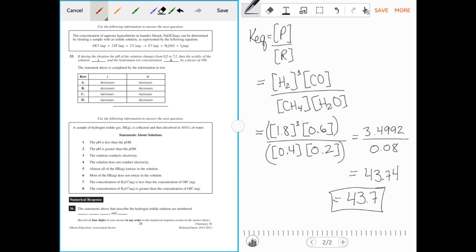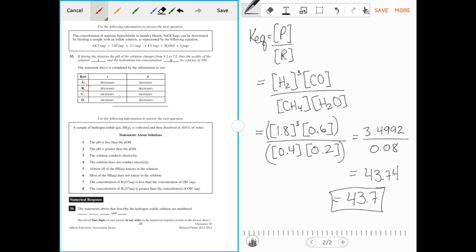So when we see a 9.2 to a 7.2, this is sort of more on the basic side to more on the neutral side, but still we are increasing the acidity. We've gone to a lower pH. So A and B are automatically not good answers.